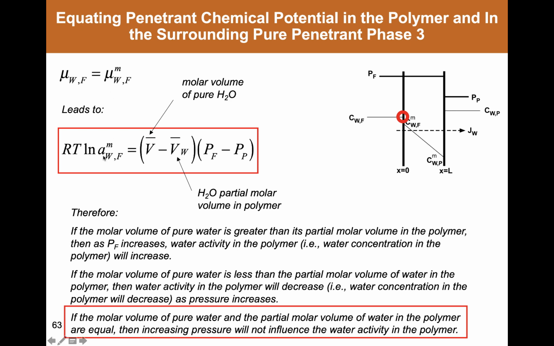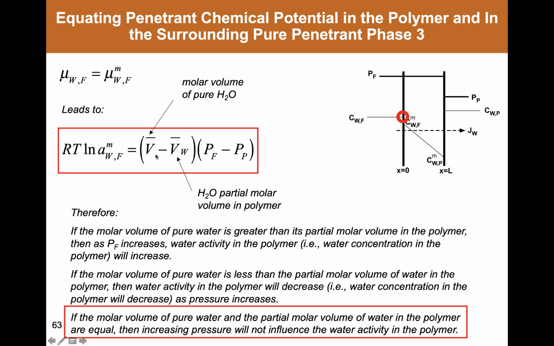Not necessarily linearly, but there is a general trend that as activity goes up, the concentration of penetrant dissolved in the polymer will increase. So if the molar volume and partial molar volume of water are equal, the activity of water at this feed interface is independent of pressure, and therefore the concentration of water dissolved in the membrane will never change no matter how high the pressure goes.